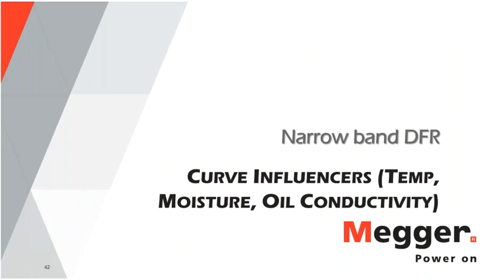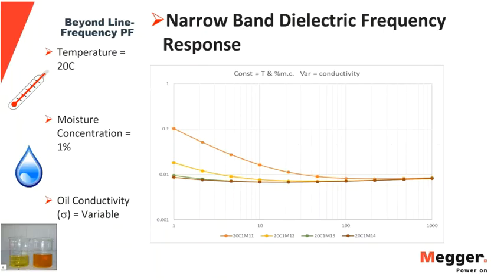Okay, just mindful of the time, these next slides are really quick, and are helpful to show how certain parameters, namely temperature, moisture, and oil conductivity, will influence your test results. In each of these, I'm varying one of the three variables. In this case, oil conductivity is variable, while temperature is held for each of the specimens tested at 20 degrees C, and each had a moisture concentration of 1%.